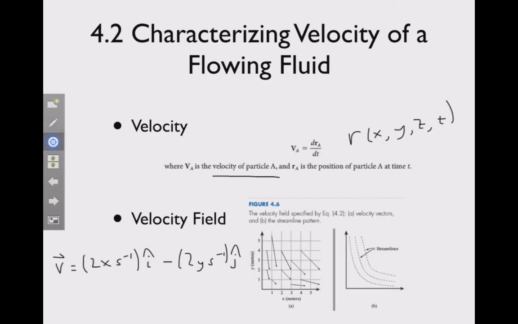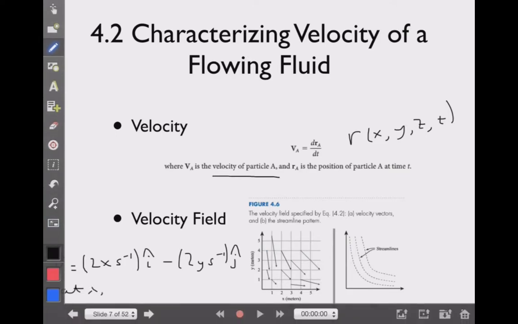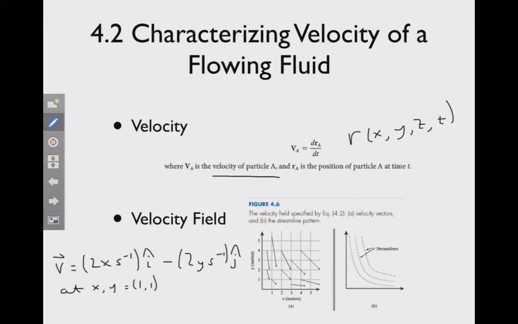So if you look at point 1, 1, so at x, y equals 1, 1, you get a velocity now of 2 meters per second.